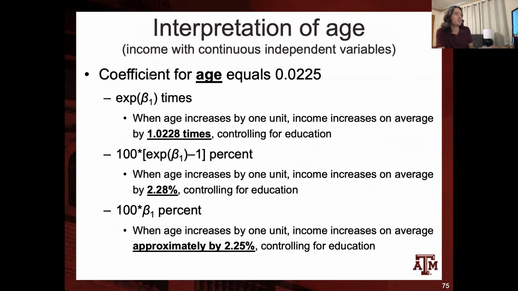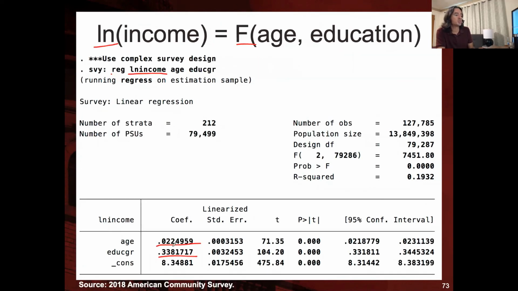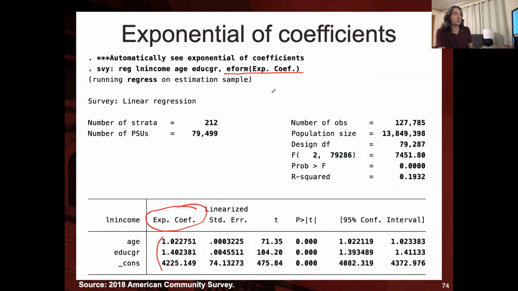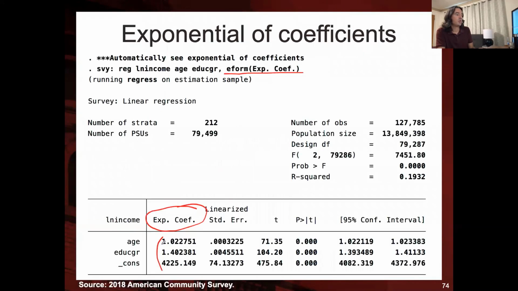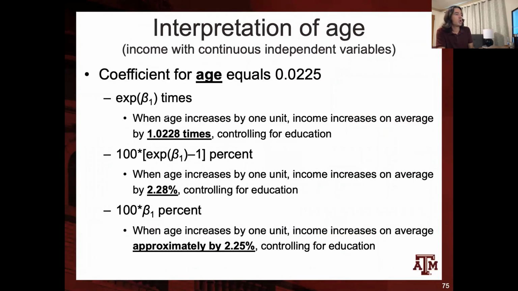So how do I interpret it? The coefficient for age that originally was 0.022 is here. And if I take the exponential of age, I know that's 1.02. When age increases by 1 unit, income increases on average by 1.02 times, controlling for education. And if I want to interpret in percentage terms, I take this exponential, subtract 1 unit, and multiply by 100.